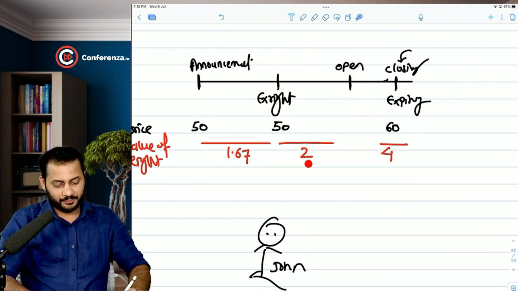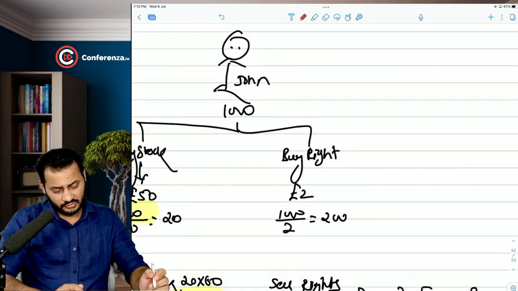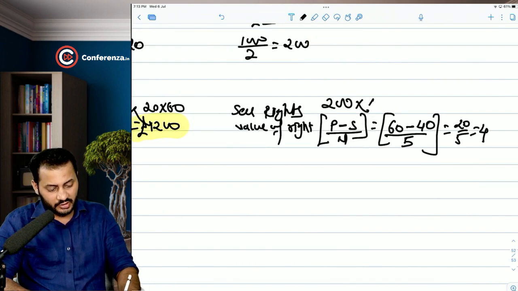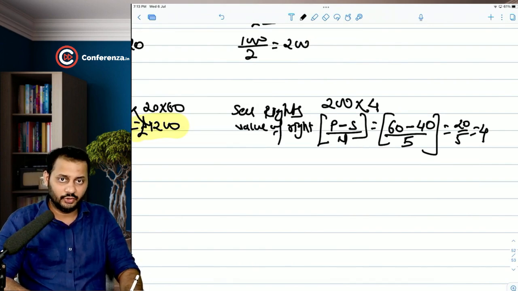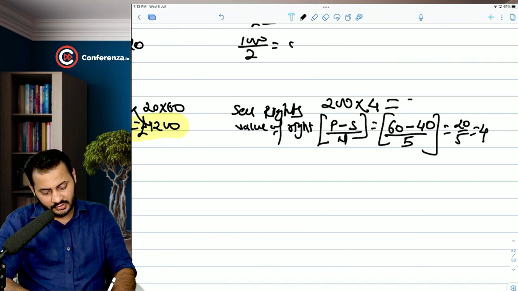So just imagine you are buying it at 2 pound and selling it at 4. So what will happen? You will sell those rights. How many rights? Sorry, this is 500, 1000 divided by 2 is 500.